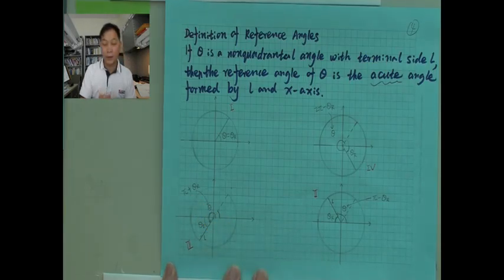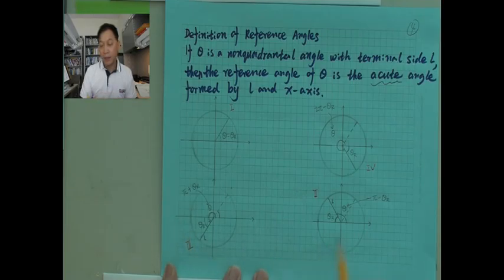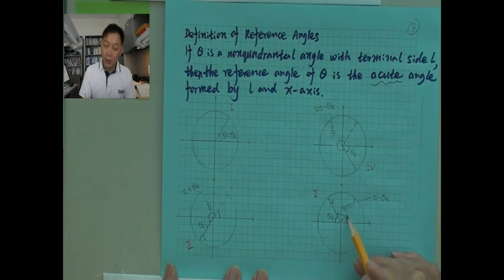So if the angle theta is in the third quadrant, then you will have the reference angle plus pi. If it's in the second quadrant, you will have theta equals pi minus the reference angle. You can see here this one equals this one, the reference angle.